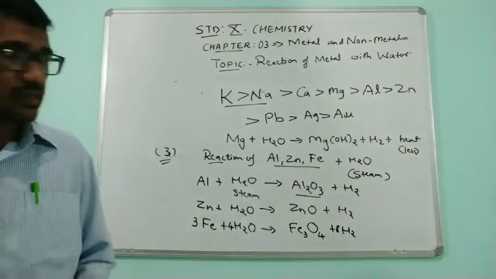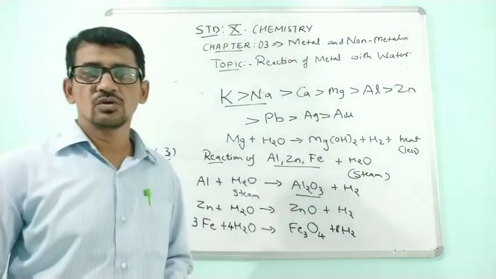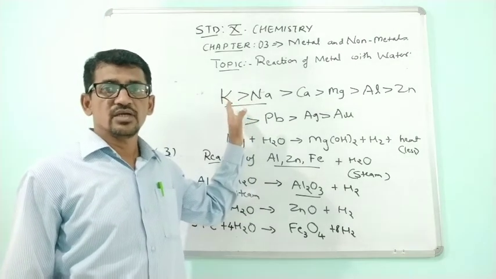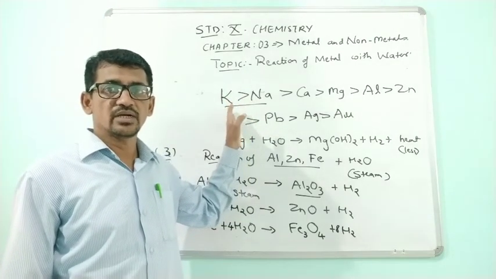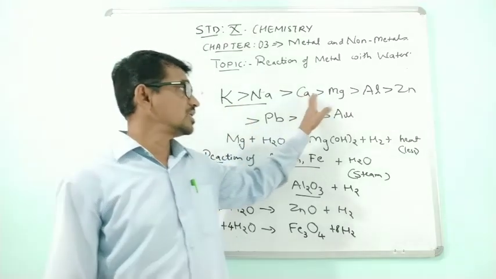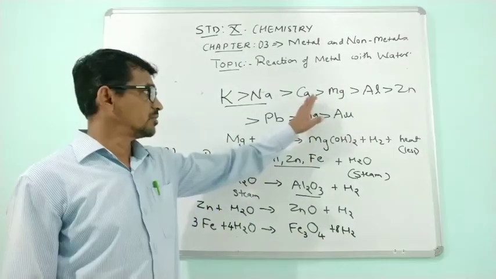You try to write the reactions and try to write the balanced form. Again I revise in short. First, with sodium and potassium, the reaction is exothermic, very hot, and metal oxide and then metal hydroxide is formed on the spot. With calcium and magnesium, it will form calcium hydroxide and magnesium hydroxide.